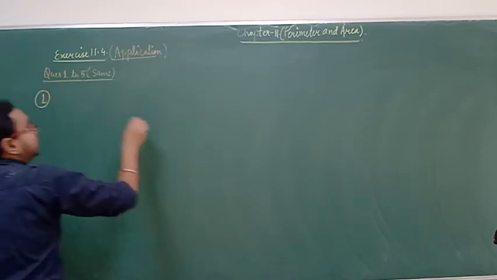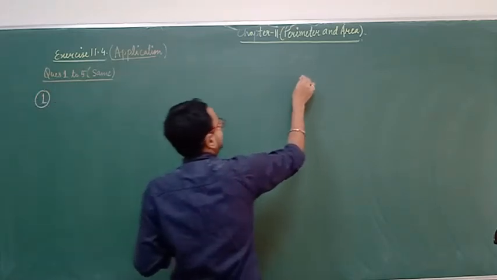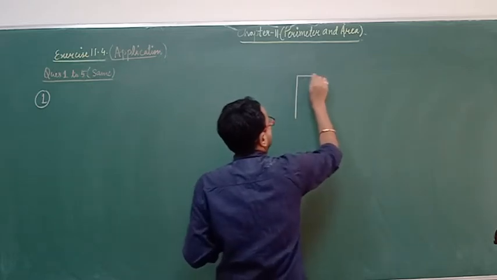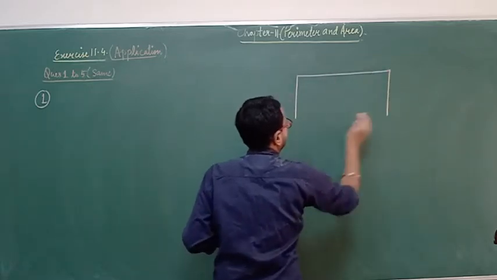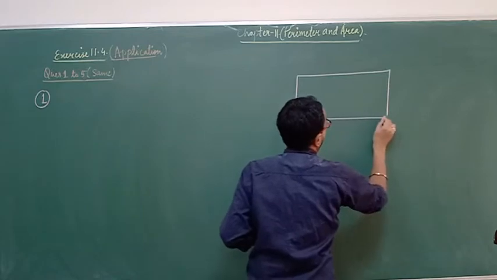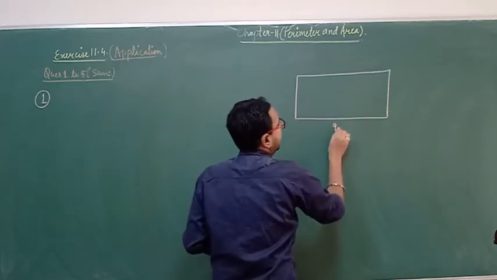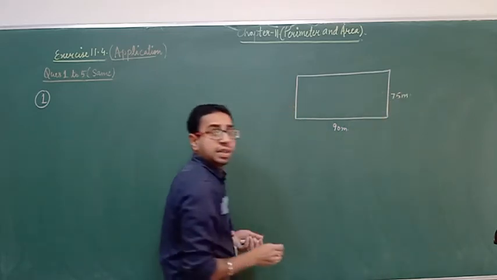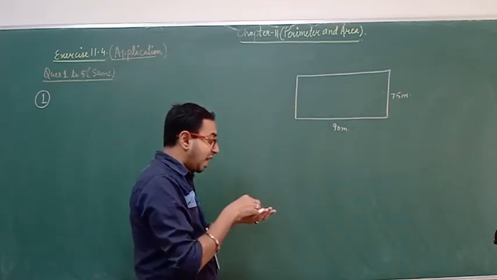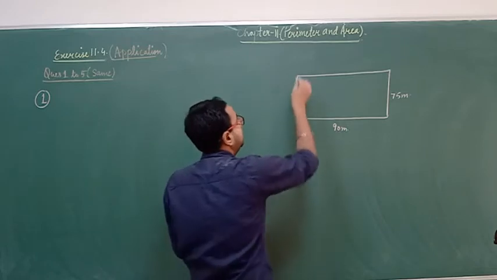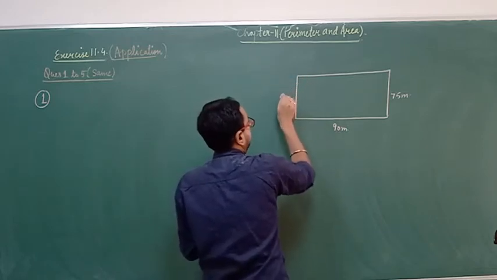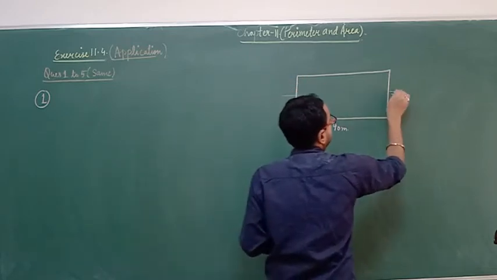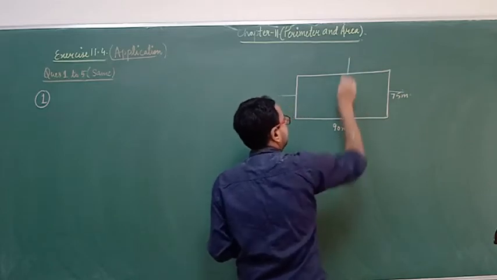We have a rectangular garden. I draw the figure here. We have a rectangular garden, 90 meter long, 75 meter broad. Clear? And there is a path 5 meter wide. 5 meter wide means like this, like this, like this, like this.